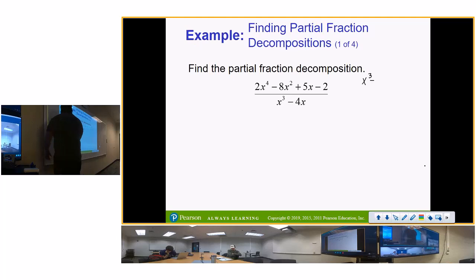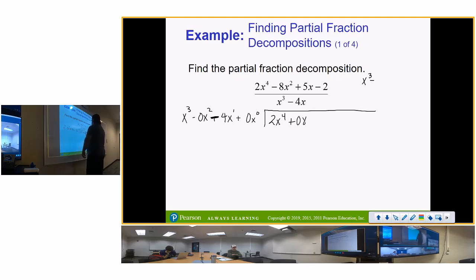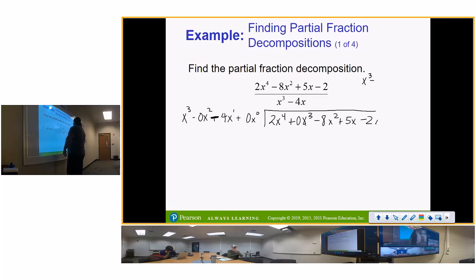X cubed minus 0x squared minus 4x plus 0, that's 3, 2, 1, 0, into 2x to the 4th plus 0x cubed minus 8x squared plus 5x minus 2.